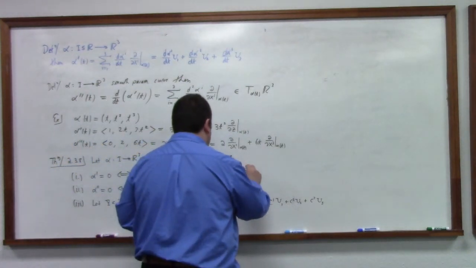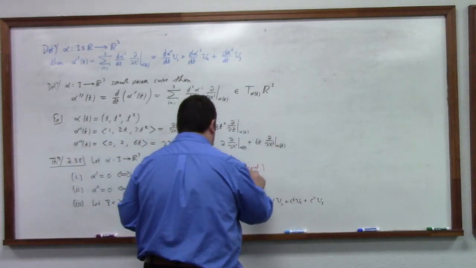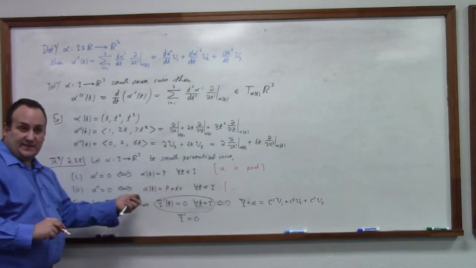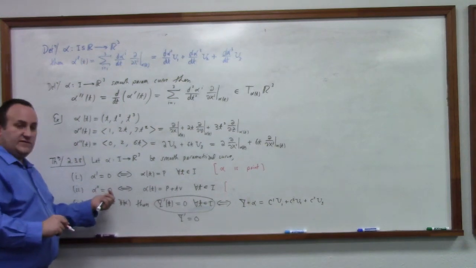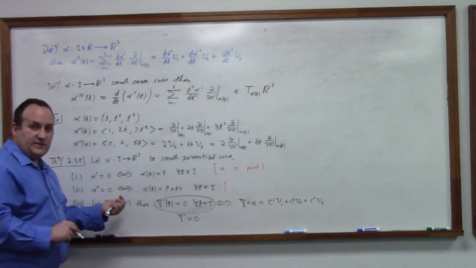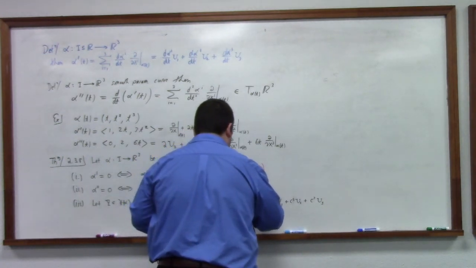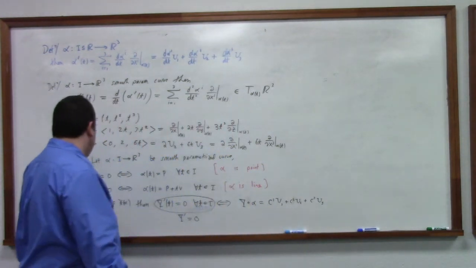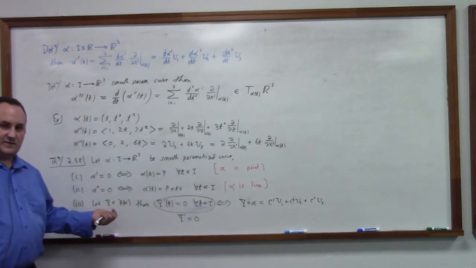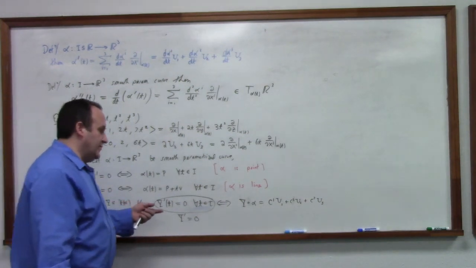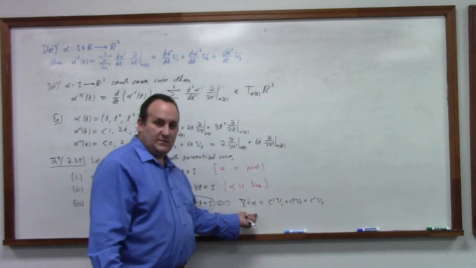What's the second one say? That's a line. So the acceleration is 0 along the curve if and only if it's a line. And the change of a vector field along a curve is 0 only if the parametrized components of the vector field are constants.